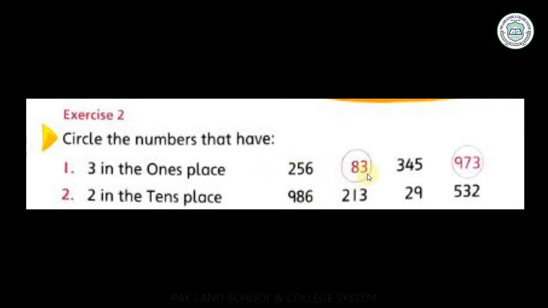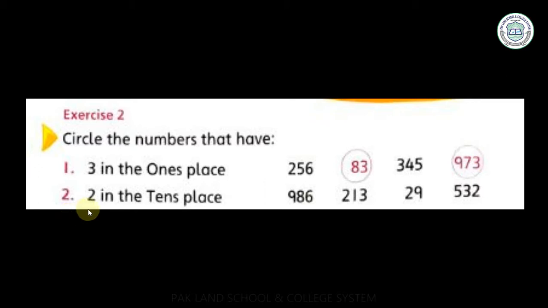First we have 83. In this number 83, 3 is in the ones place, so we circle this 83. In the next example, 973, 3 is in the ones place, so we circle this 973.